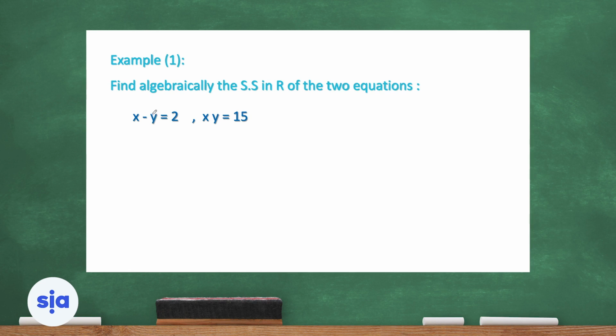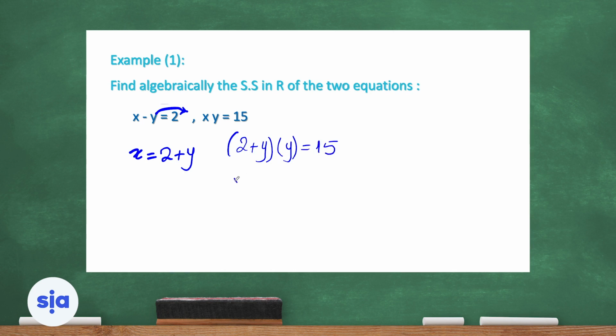So we'll work on this equation by moving the y to this side. So x equals 2 plus y. And then we're going to substitute this value of x in the other equation. So 2 plus y times y equals 15.